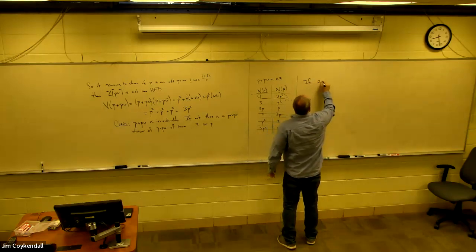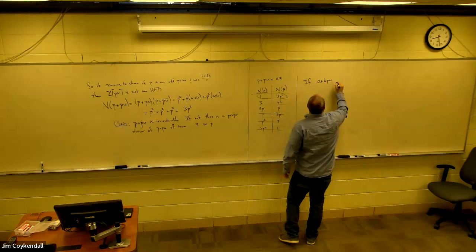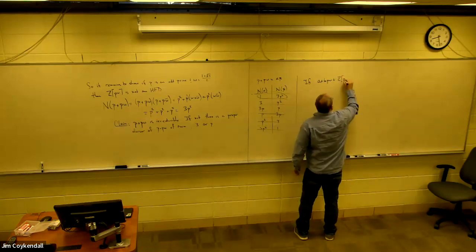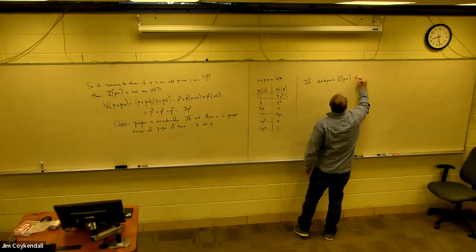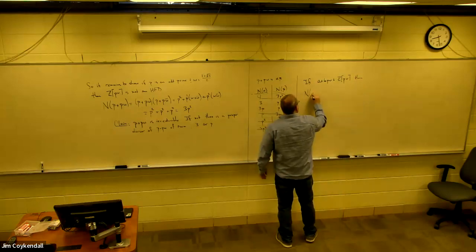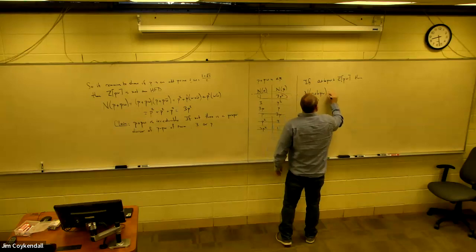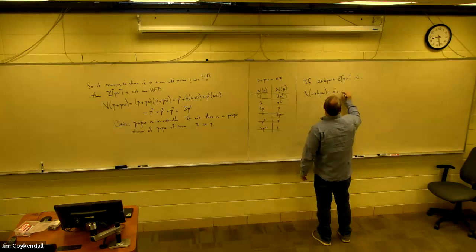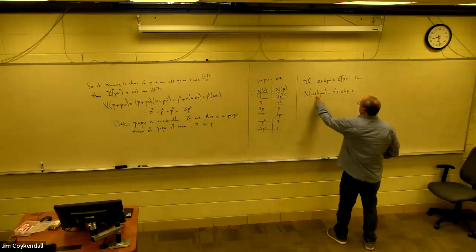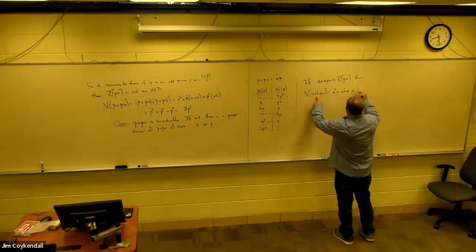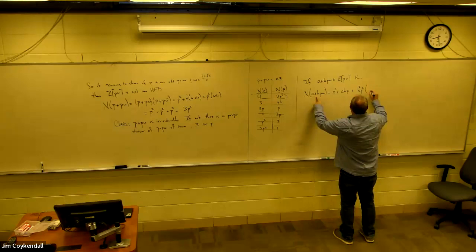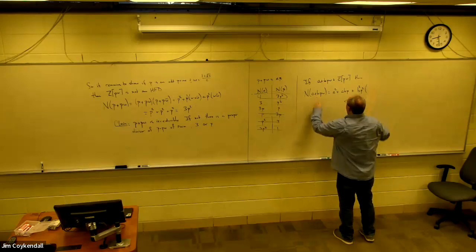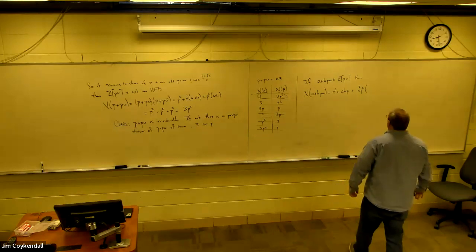If a plus b p omega, the norm is b, let's see, that would be 1.